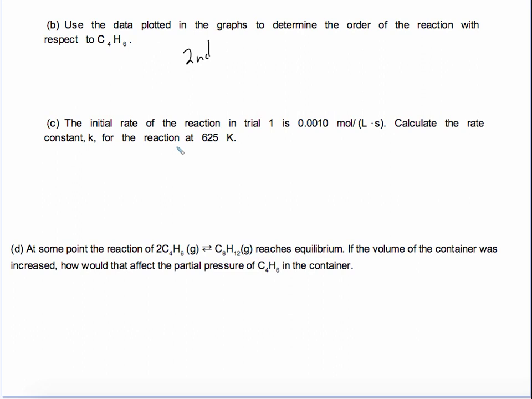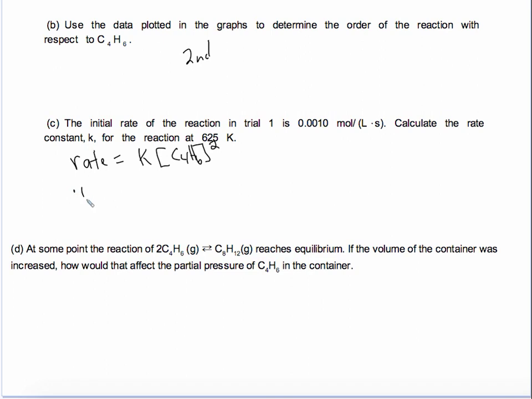Okay, calculate the initial rate of the reaction. The initial rate is something. Calculate the rate constant for the reaction at 625 Kelvin. Okay, so you can get the initial rate by taking the rate law, which is rate equals K times C4H6, and that's going to be to the second power because it's a second order reaction.